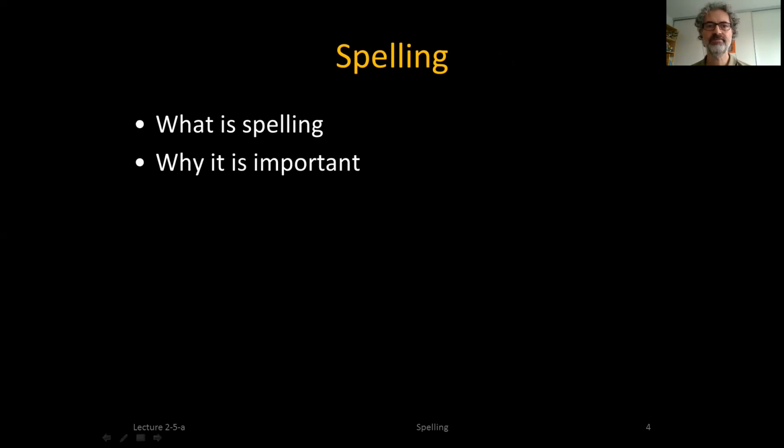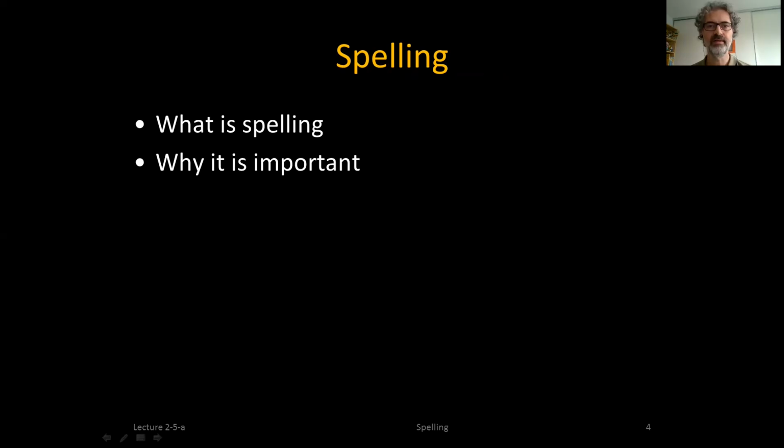Well, perhaps from a teacher's point of view, spelling is important because it is part of education, and it is a way in which one can demonstrate that they have been educated. But from our point of view, spelling is important because it shows us the workings of the mind in terms of reading development.